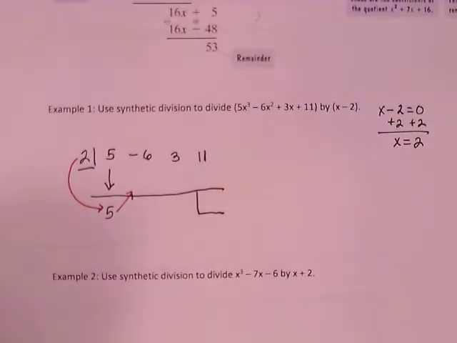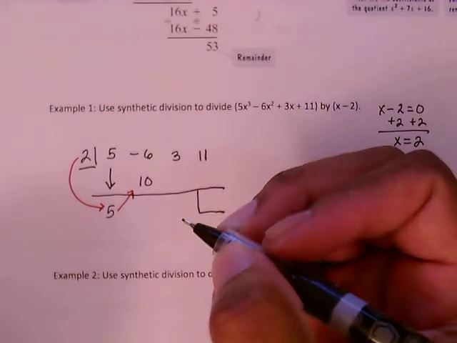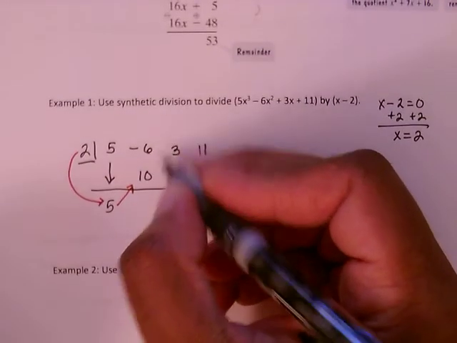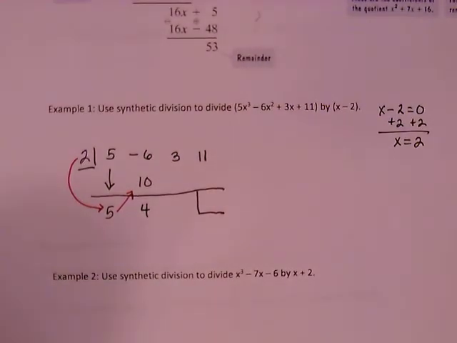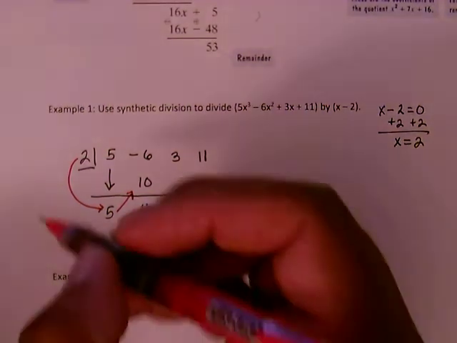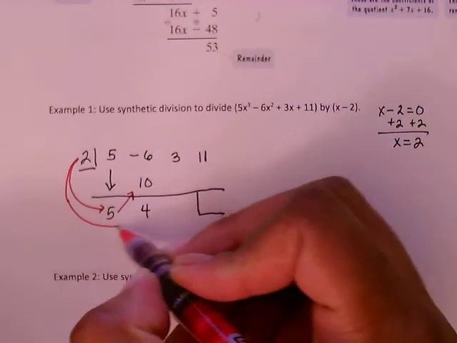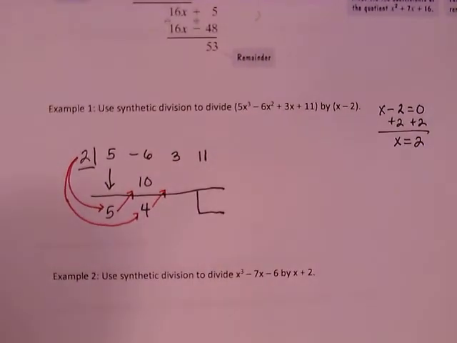Now that 10 is going to go right here, where that negative 6 is. And then I'm going to add negative 6 to 10, I'm going to get 4. And now I'm going to repeat this until all the columns are filled. So I'm going to do the divisor of 2 times that 4, which will give me 20.